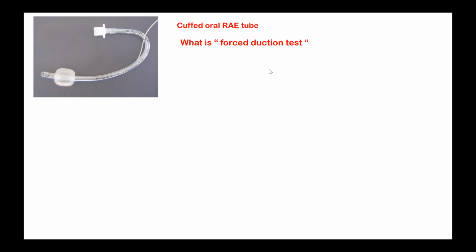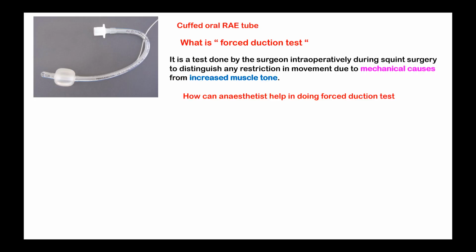What is the forced duction test? It is used to distinguish whether the restriction is due to a mechanical cause or a muscular one, whether it's a paralyzed muscle or a non-paralyzed muscle. That is the difference to find out. It's a test done by the surgeon intraoperatively during squint surgery to distinguish any restriction in movement due to mechanical causes or increased muscle tone.